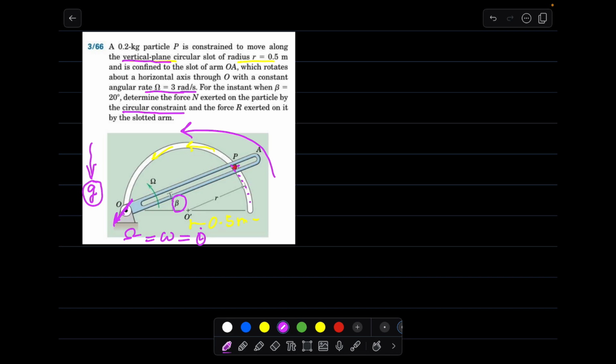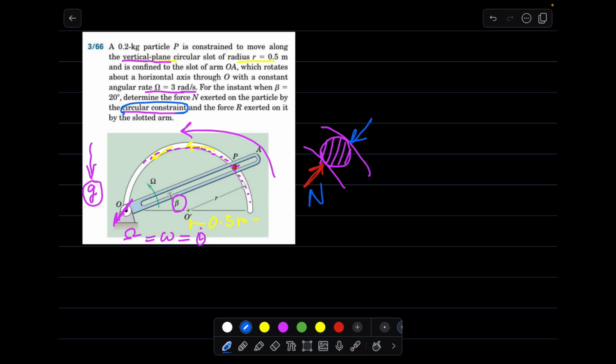If the particle is inside the circular constraint, the normal force may be working from this side or maybe from this side. As per the problem, we have to find the normal force by the circular constraint.